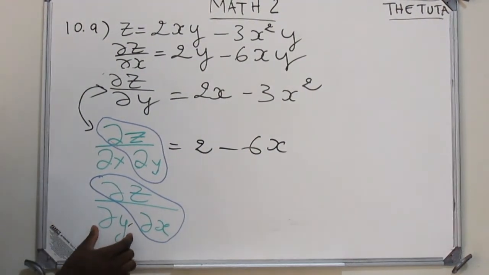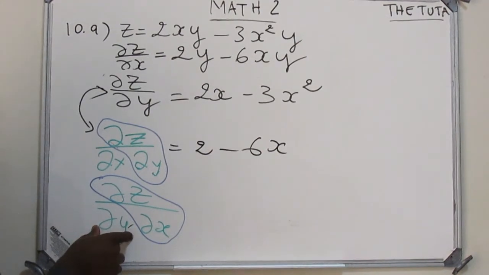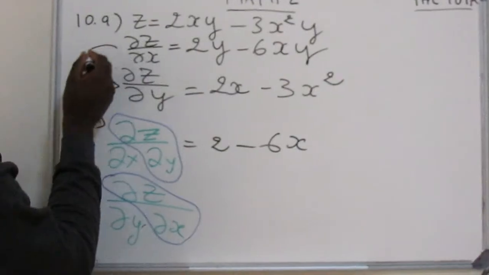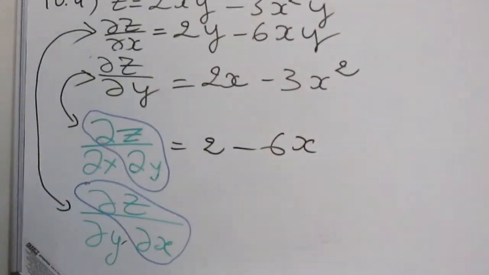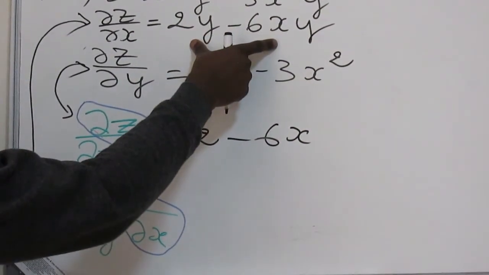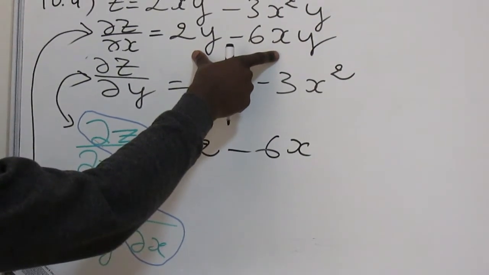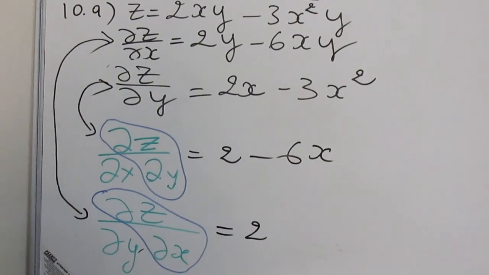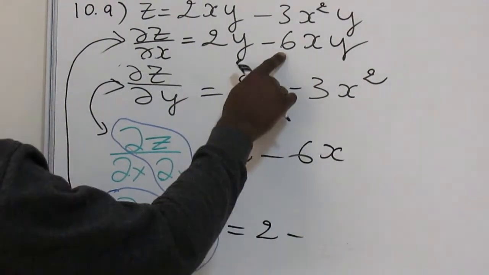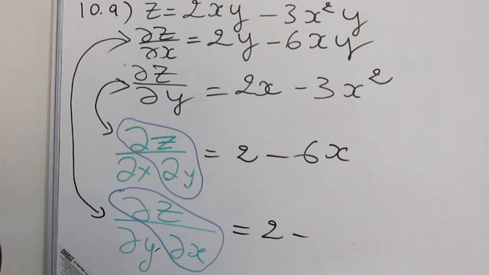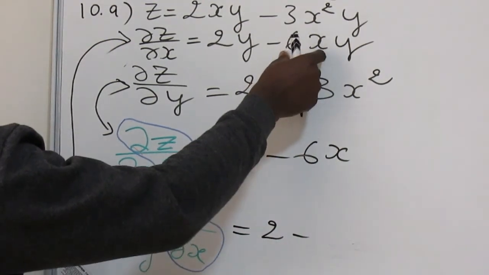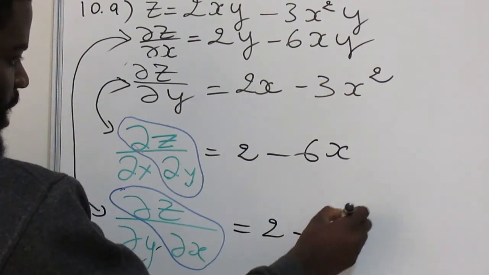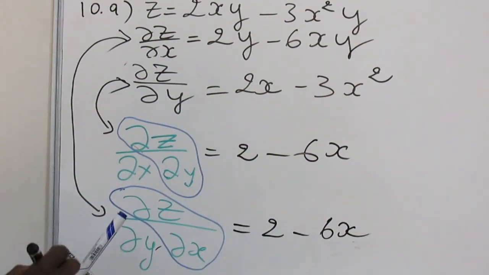Here we are going to derive with respect to y in the partial derivative of x. So the derivative of 2y is 2, minus 6xy. With respect to y, we said we regard x there as our constant. It's going to be negative 6x. So this is what needed to be done here.